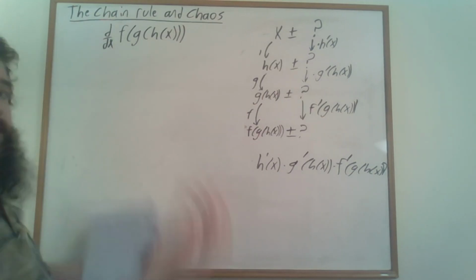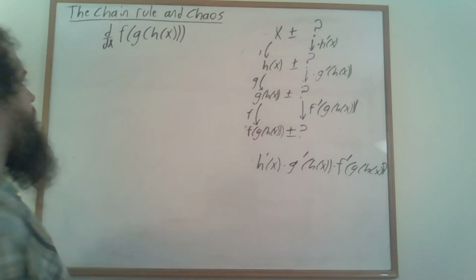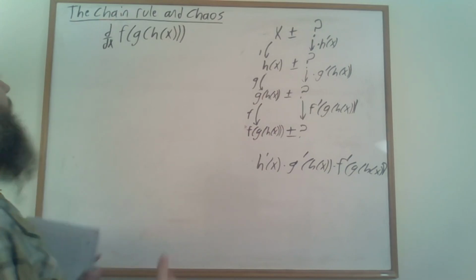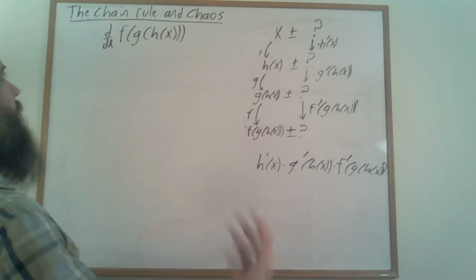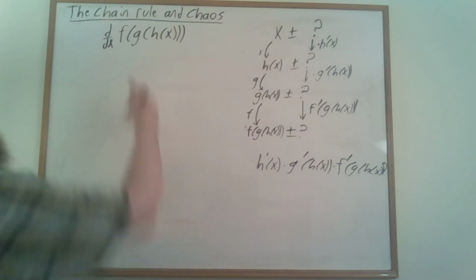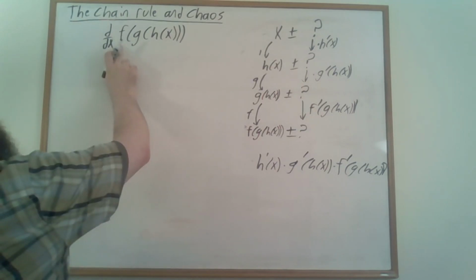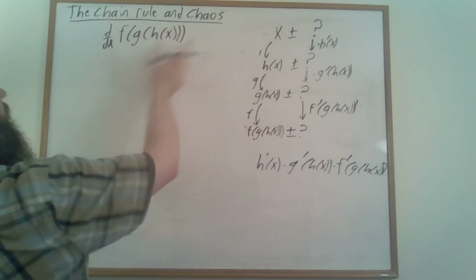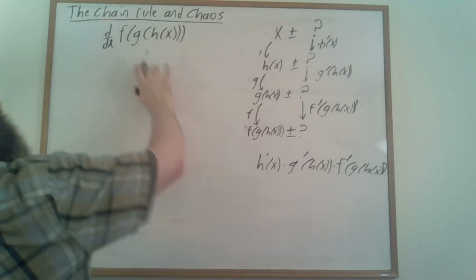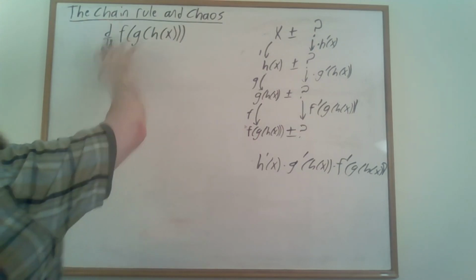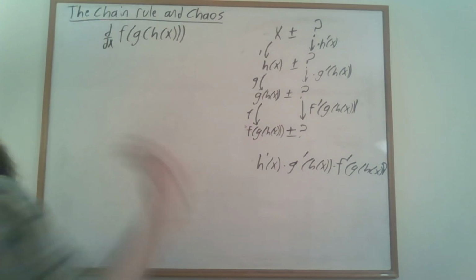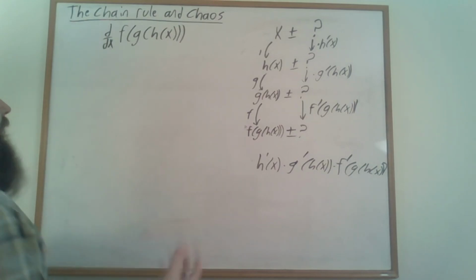We do the same thing that we would for any other derivative problem. We start off by asking, what's the outermost operation here? The outermost operation in this case is applying f to something. We don't care what just yet. So it's a function application, and that tells us that we want to use the chain rule.